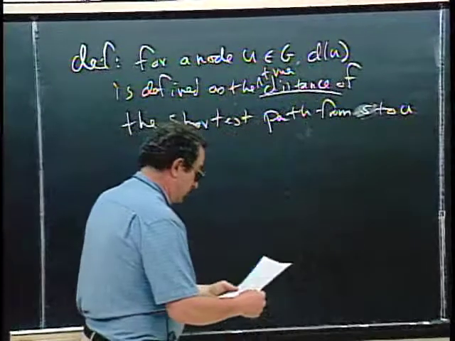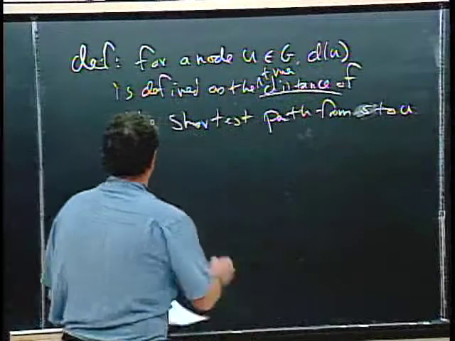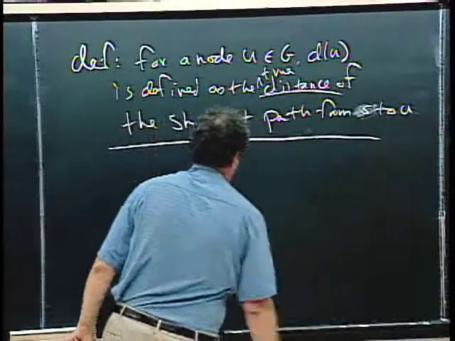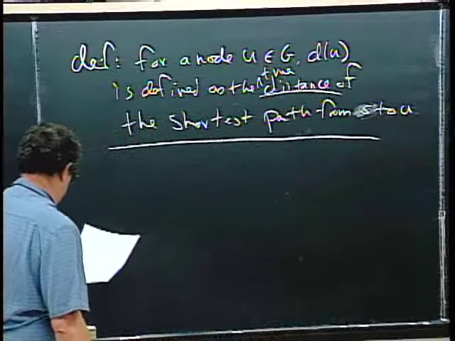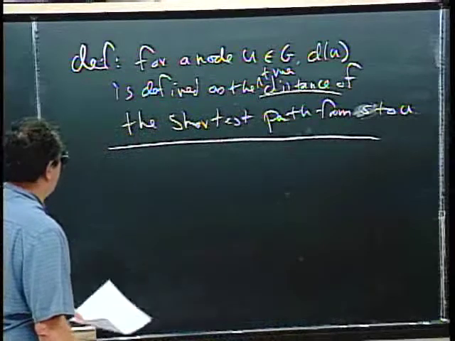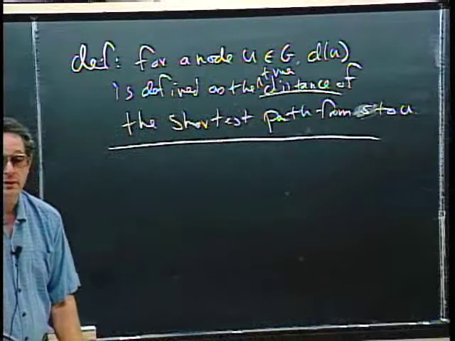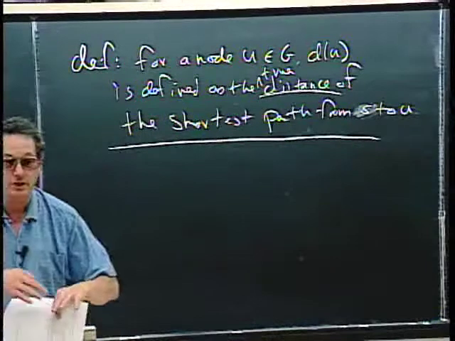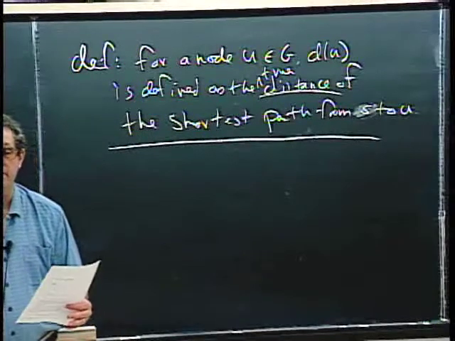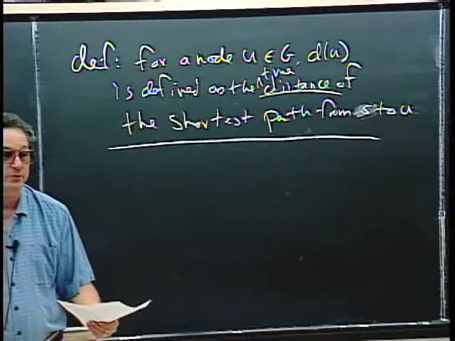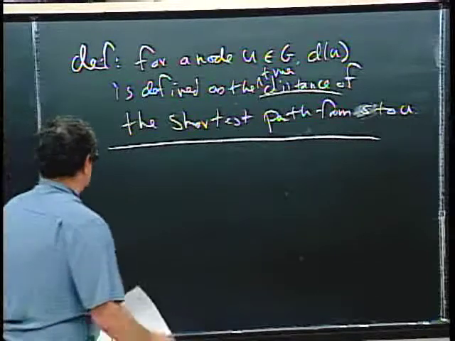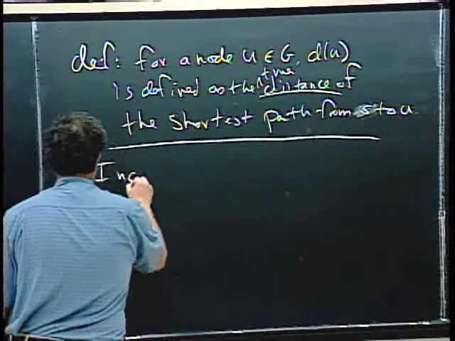A little bit confusing to be using both of those, but hopefully that won't cause too much of a problem. All right. So to describe the algorithm, I'll describe it first in generalities, and then do some pseudocode.